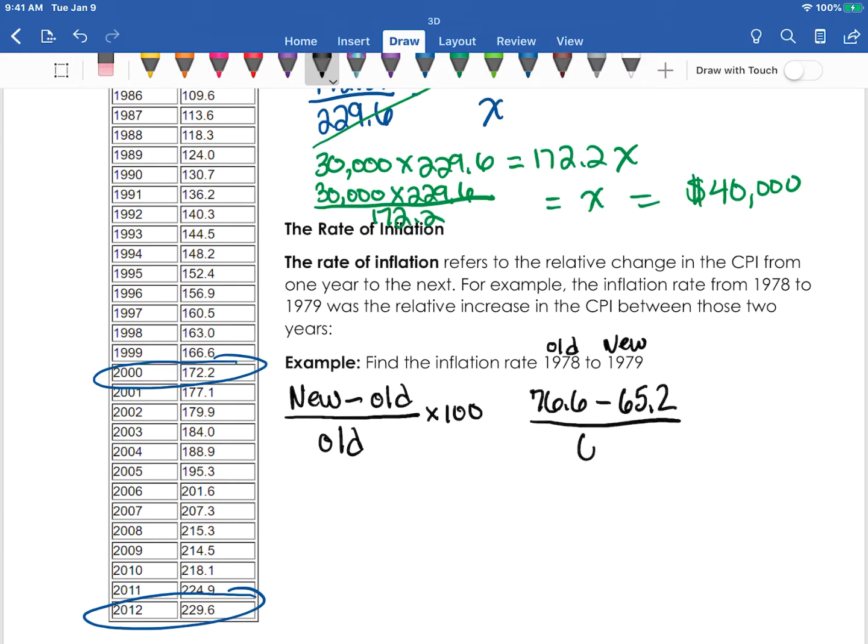And then I'm going to divide by 65.2 and multiply by 100 to put it in percent form. And what you'll find is the rate of inflation from 1978 to 1979 is 11.3%. That means, on average, the price of the goods has increased 11.3% from 1978 to 1979.